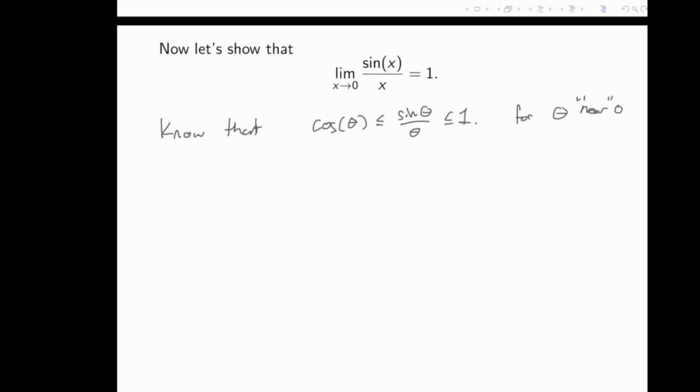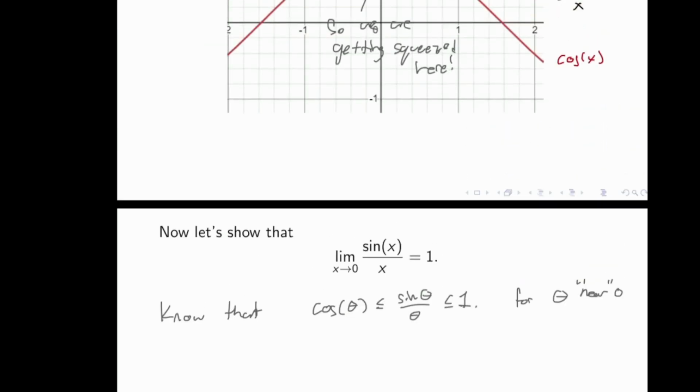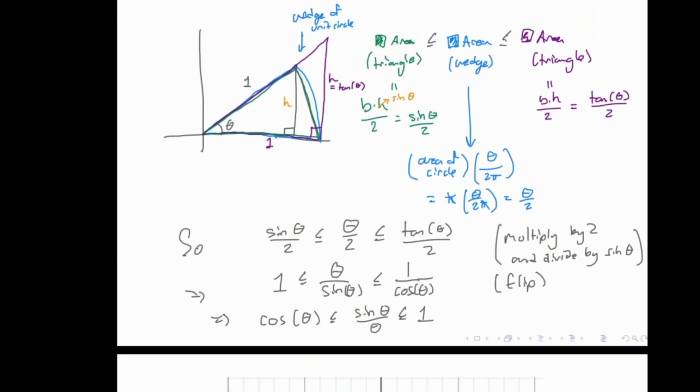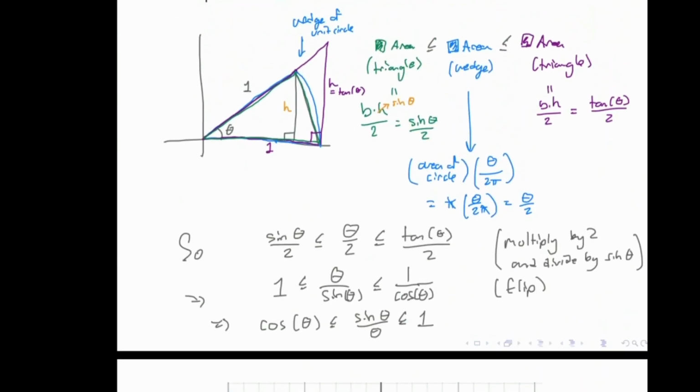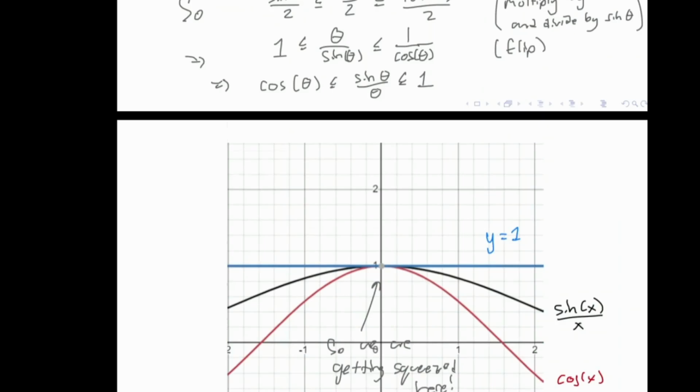Near 0, it just doesn't have to be too close to 0, but relatively close to 0, because we want our picture to work, right? So we picked theta to be in this first quadrant, so less than pi over 2. This definitely works.